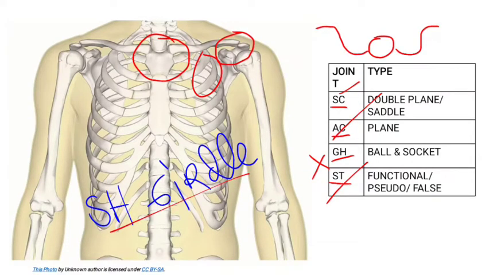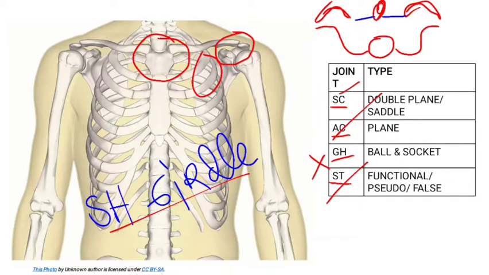Then posteriorly you have your scapula. And this is your vertebra, for example. There's a bit of distance between the scapula and your vertebra. So what closes the girdle posteriorly are various sets of muscles. So this is what makes up your shoulder girdle.